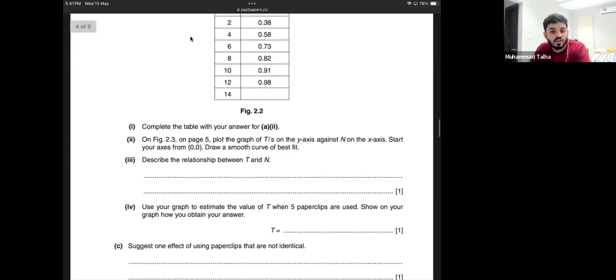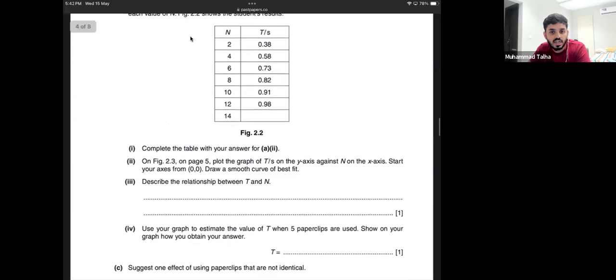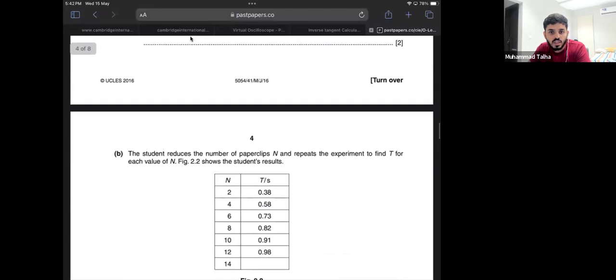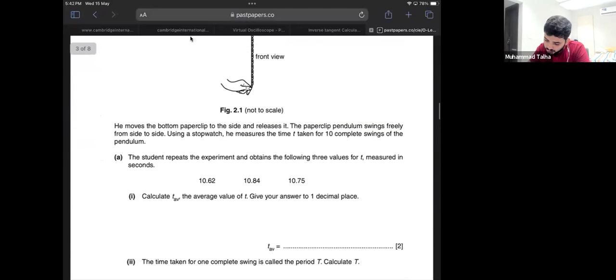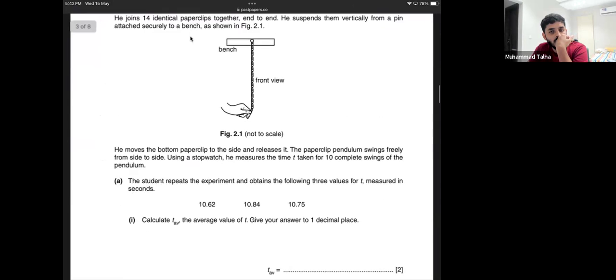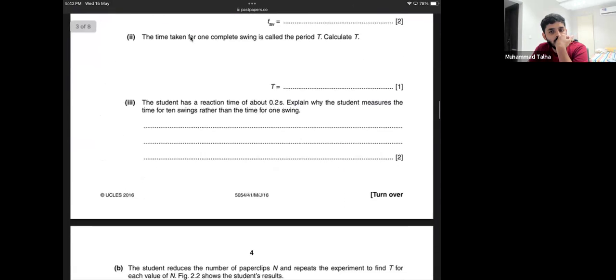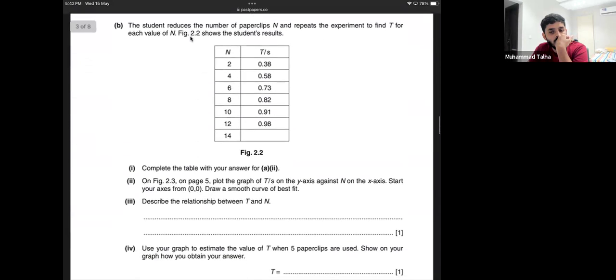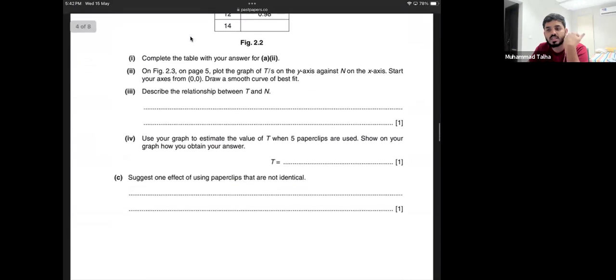So, just one effect of using paper clips that are not identical. In this case, the examiner did use identical paper clips, right? What if you have paper clips which are not identical? What's going to happen now? Again, this is a suggest part.